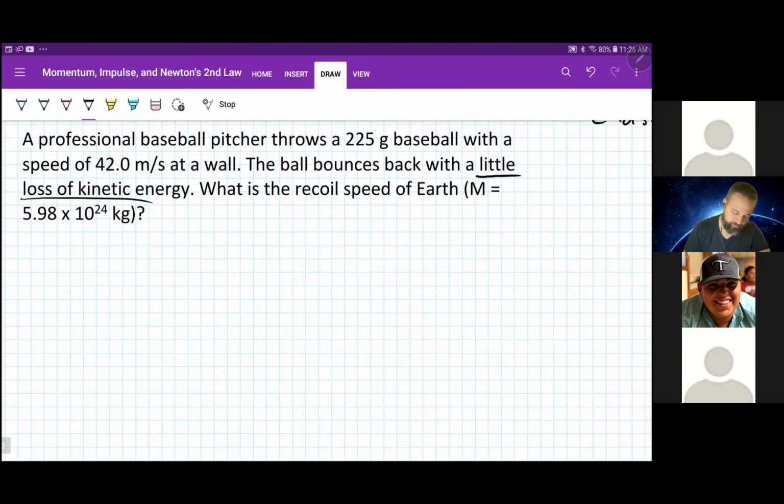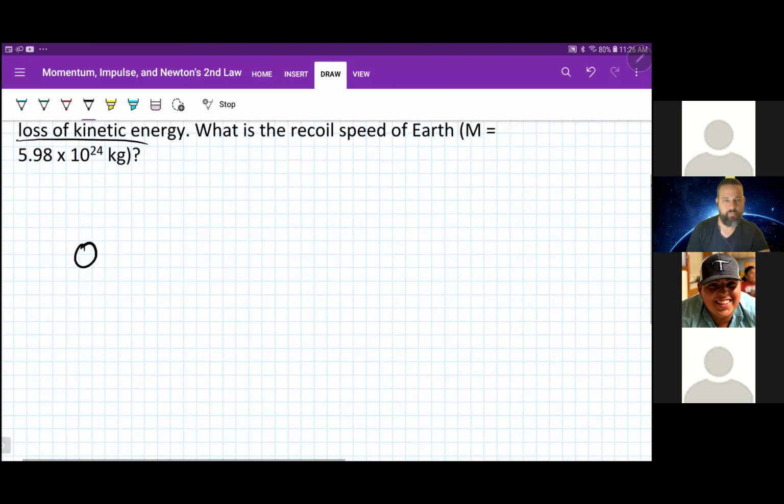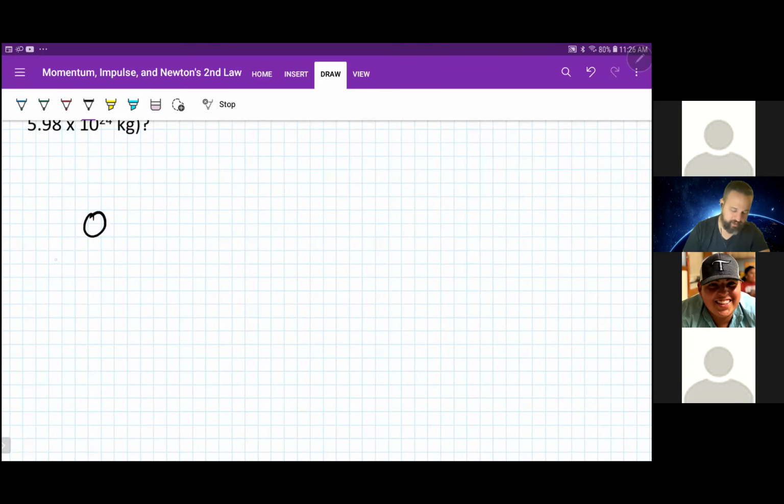For this problem, let's draw it. We've got our baseball. We're given the mass of that baseball equal to 225 grams, so that's 0.225 kilograms. And we're given an initial velocity for the ball of 42 meters per second.